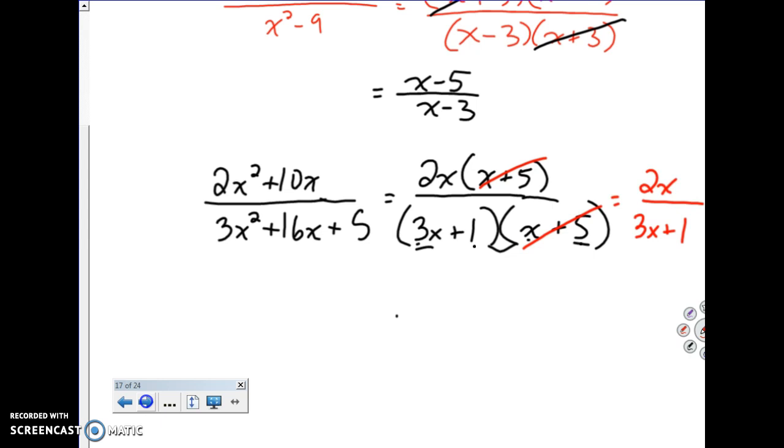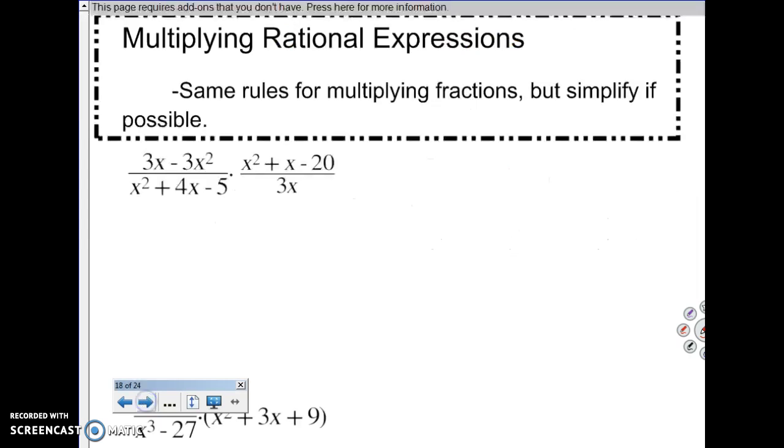Moving right along. If we were asking you to multiply rational fractions, again, this is going to look just like multiplying fractions that don't have expressions in them, and that you multiply across. So that's why it says same rules for multiplying fractions, but simplify if possible.